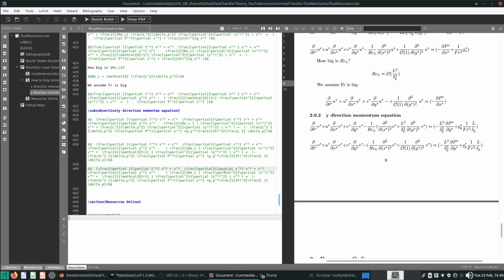So the first 3 terms will be divided out by 1 over REL, this one will be divided by REL squared, and over here on the right, we also should divide it out by REL.